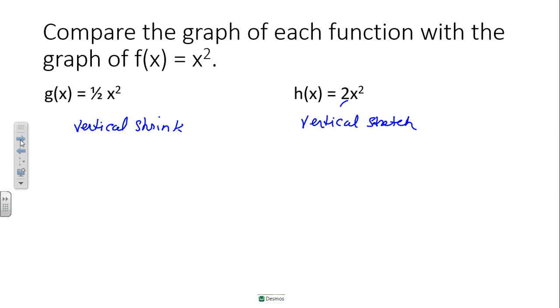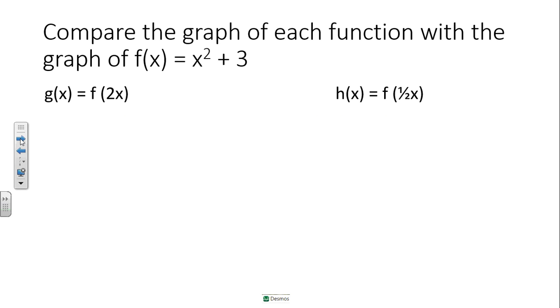If they had wanted to make it a horizontal stretch or shrink, they would have had to put parentheses around that too. Make sense? Okay. What about this one?